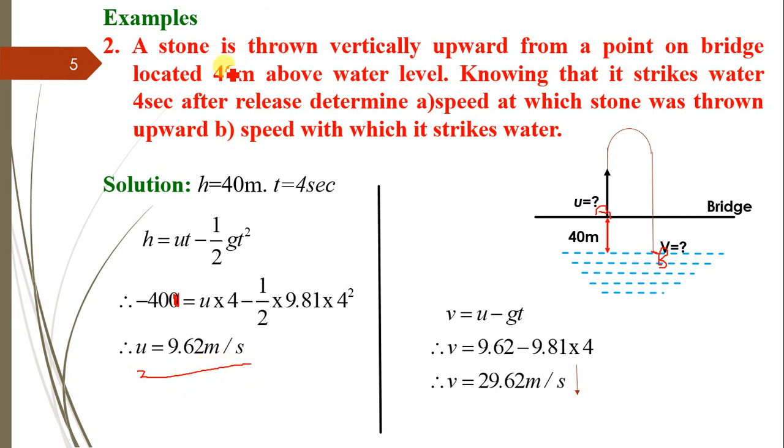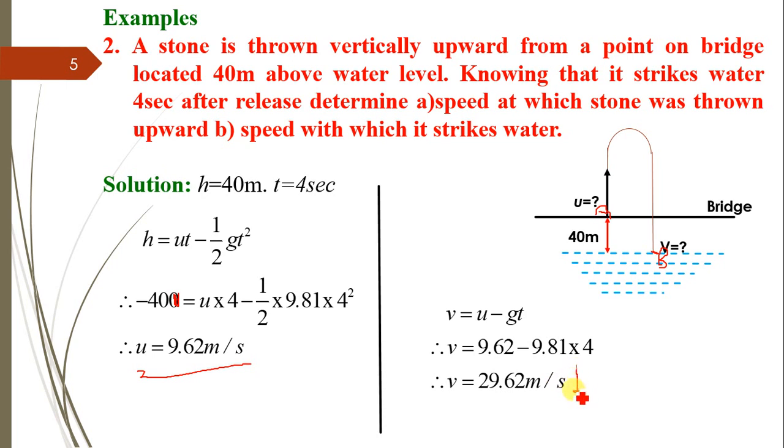9.62 meters per second, which means the stone is thrown with a velocity of 9.62 meters per second. Therefore the velocity with which it strikes the water is v equals u minus gt. So u is 9.62 minus 9.81 into 4, which is minus 29.62 meters per second, or 29.62 meters per second in the downward direction.